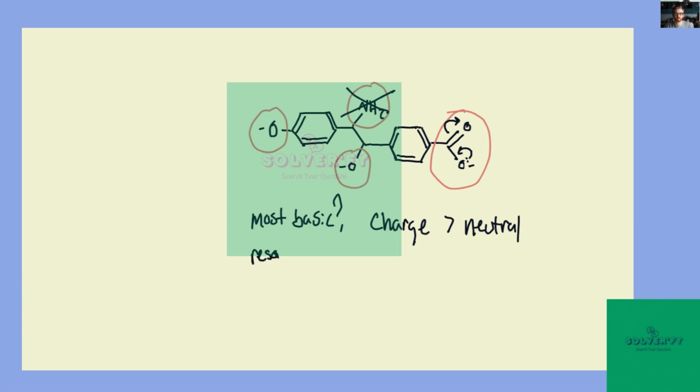Resonance stabilizes negative charge. Now, this negatively charged oxygen is also stabilized through resonance with this phenyl ring. We can distribute this negative charge to three locations throughout the ring. And so we have more stabilization here.